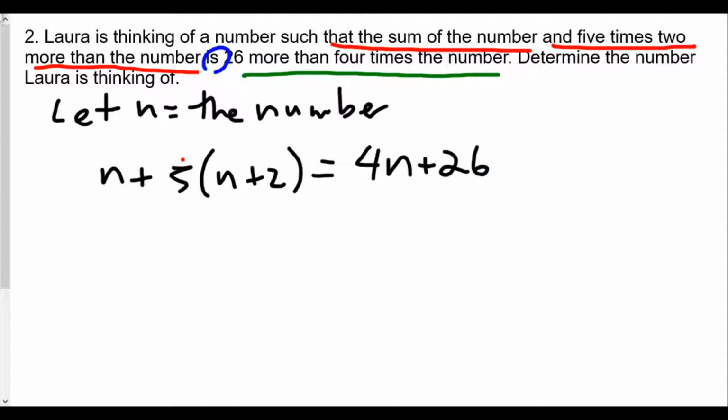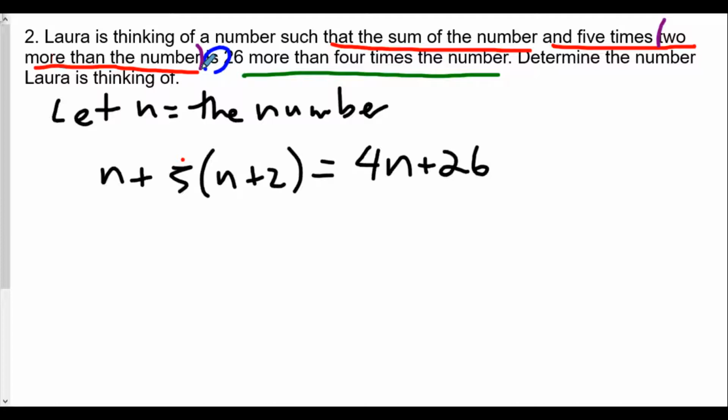That something would be 2 more than the number. So you're taking 5 times something, and that something is n plus 2. Now, for the second part, 26 more than 4 times the number, it means we add 26 to 4 times the number. And so that means 4n plus 26.